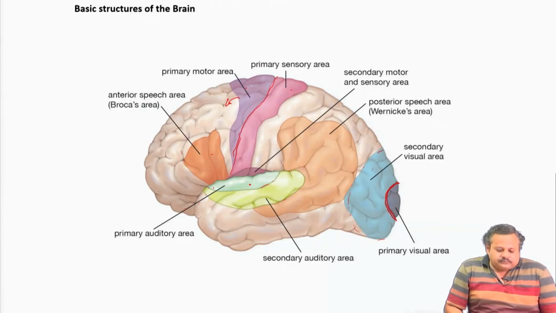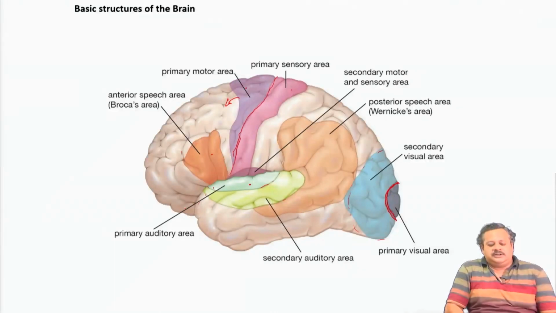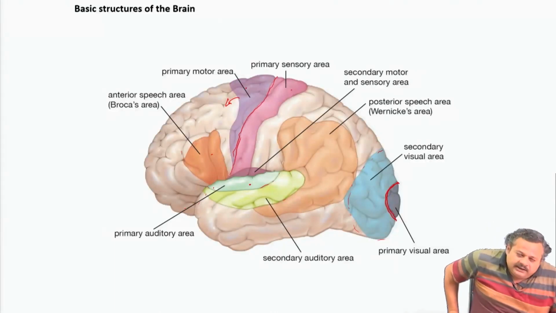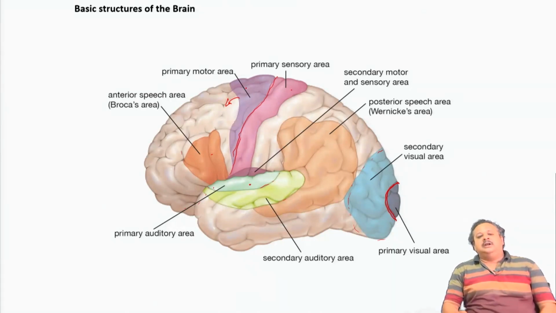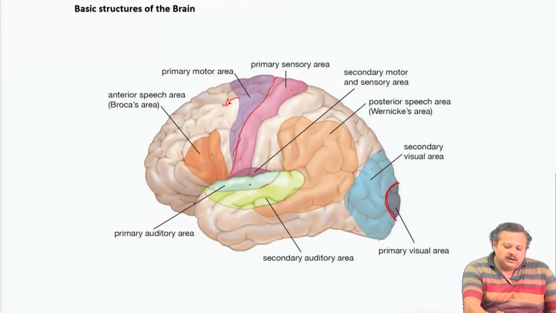There are a number of different sub regions in the prefrontal cortex, which are involved in a variety of different executive functions like working memory, decision making, flexible behavior, attention, and so on. All these higher order functions are controlled from the prefrontal cortical regions in the frontal lobe.